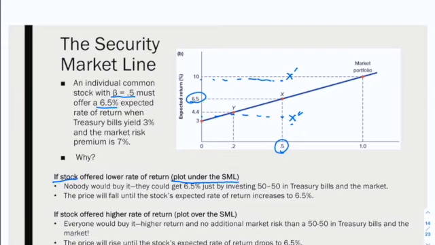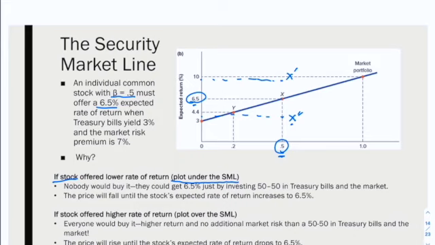Because if we hold half and half in the market portfolio and risk-free asset, our portfolio will have a beta of 0.5 and we will get a 6.5% return. If we have the same risk exposure but a lower return, as a rational investor, this is not a good risk-return trade-off. We can do better. So we'll always go to the better asset, which gives us a higher return, on condition of the same risk.